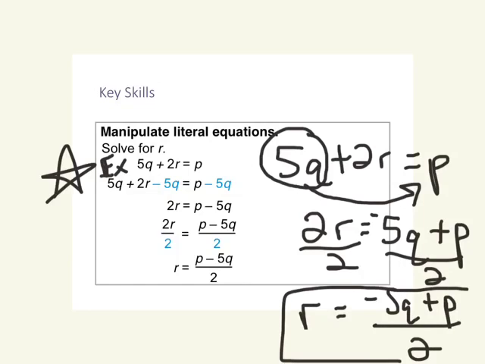That's our answer. Once again, these are different because when you solve a literal equation, you're just rewriting it in a different form. You're not going to solve it to have an answer of 5 or 10 or 32 or negative 20. When you solve them, you're just taking it and putting it in the desired form. That is example number 1.